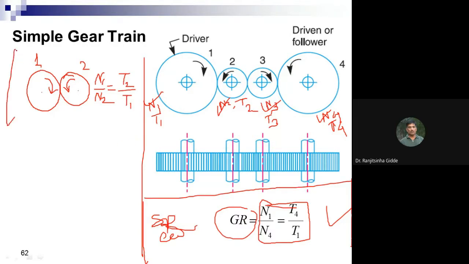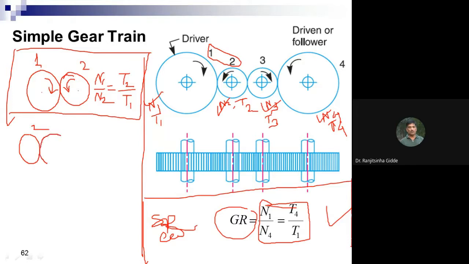This we have considered. Okay. Now consider gear number 2 and 3. So I will draw here. This is 2. This one is third. Okay.